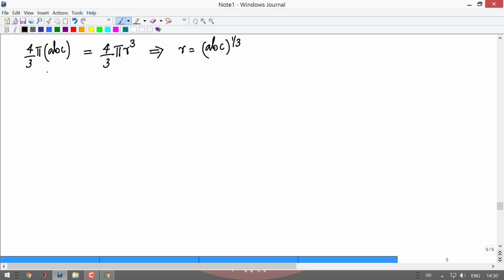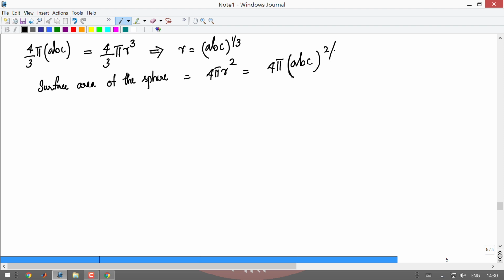So, surface area of the sphere will be 4 pi r square, and r square will be ABC to the power of 2 by 3, so 4 pi times ABC to the power of 2 by 3. So, this is the surface area of the sphere.